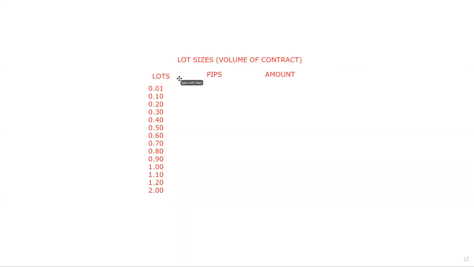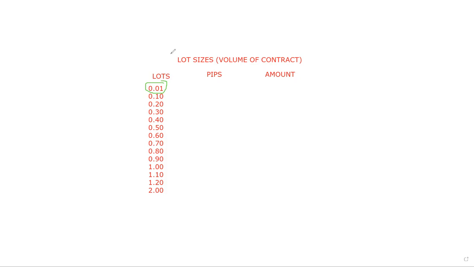Okay. So what it means is that if you are using the least lot size, which is 0.01, if we are using the standard amount, there are some currencies like Euro USD or GBP USD that have a standard amount. So let's consider using Euro USD or GBP USD.